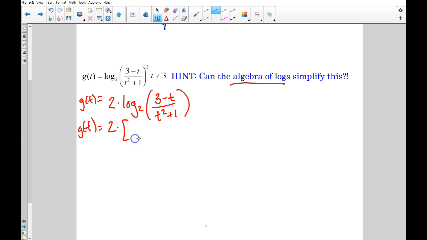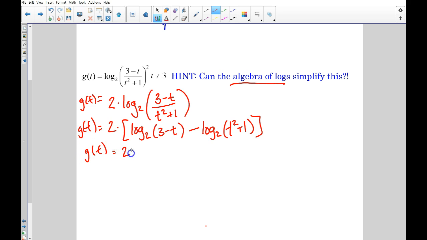If I have the logarithm of a quotient, that is a difference of logs. So log base 2 of 3 minus t minus log base 2 of t squared plus 1. And just for my own peace of mind, I'm going to distribute the 2 so I don't forget about it.